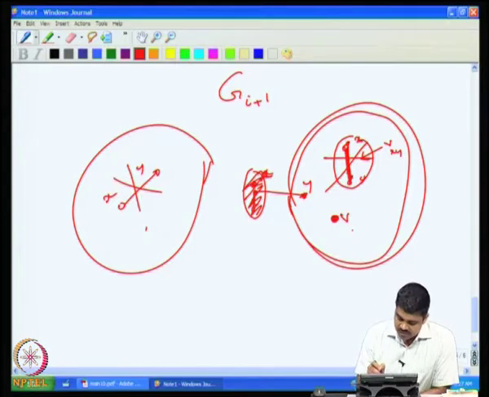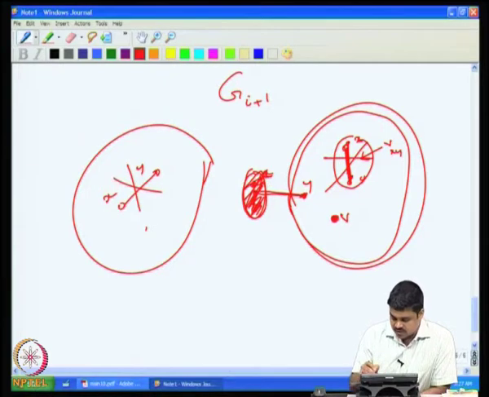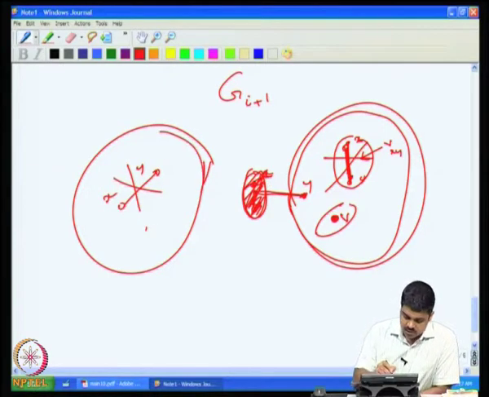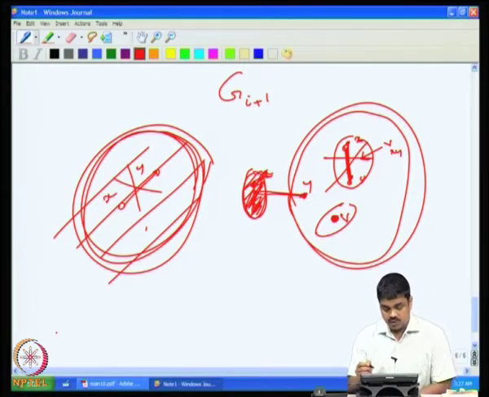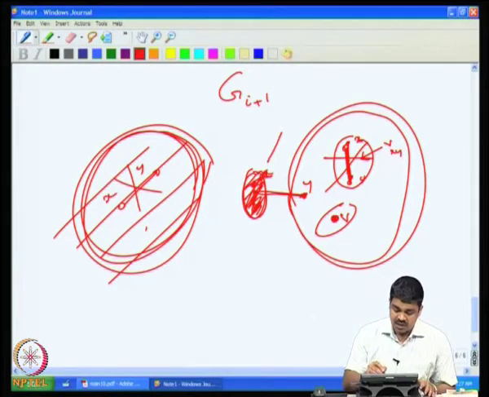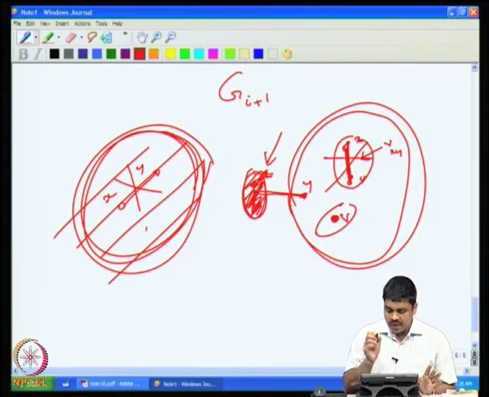Then also the same situation: if I contract, these 2 vertices, Vxy and this other vertex, are enough to separate v from this part. So we will end up getting a minimum separator of cardinality 2 for Gi also, which is not possible.